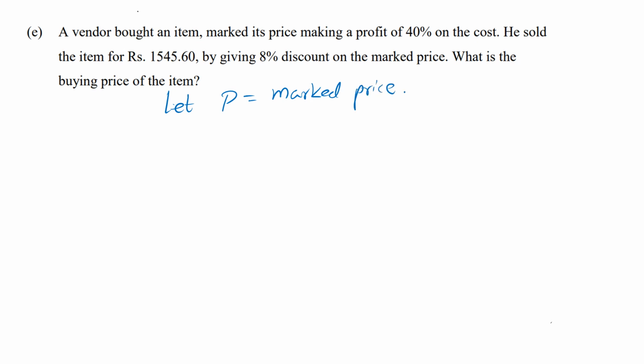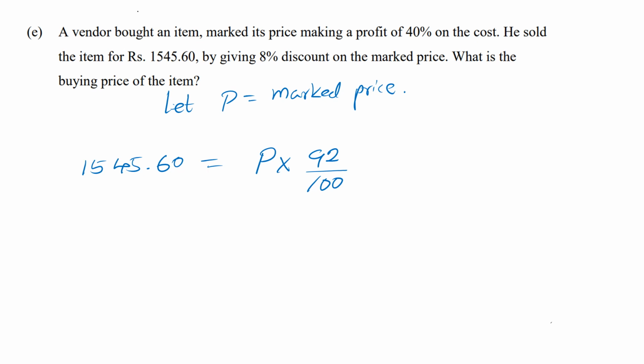So he sold it at 1545 rupees 60 cents, and he gave 8% discount, and that means the price is marked price into 92%, because 8% has been given as a discount.